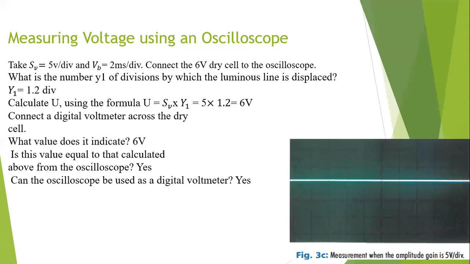It gives 6 volt. Is this value equal to that calculated above from the oscilloscope? Yes, it's the same. So we can say that the oscilloscope is used as a digital voltmeter to measure the voltage across a battery.